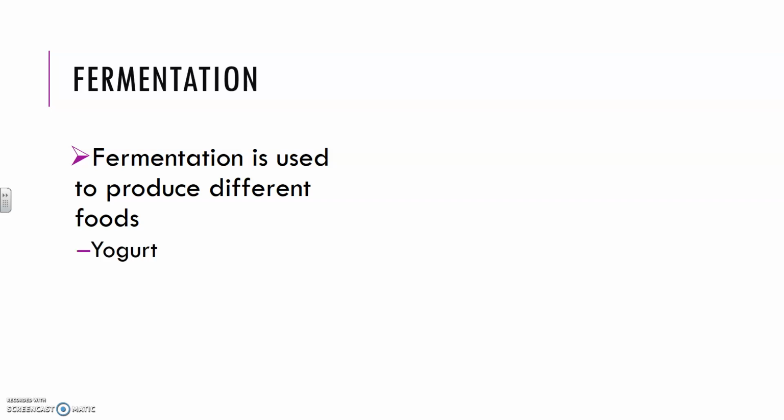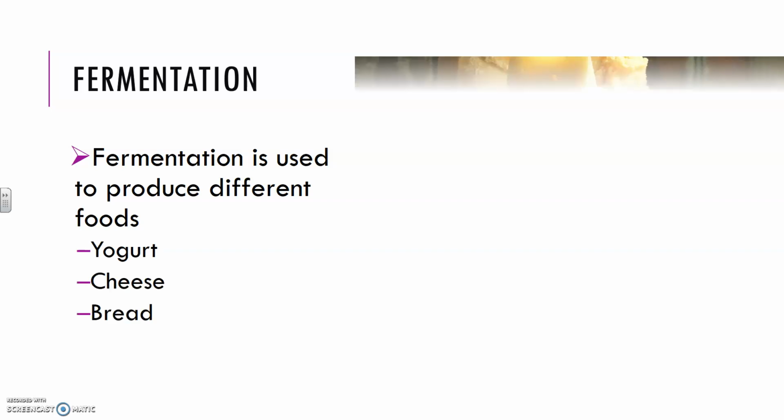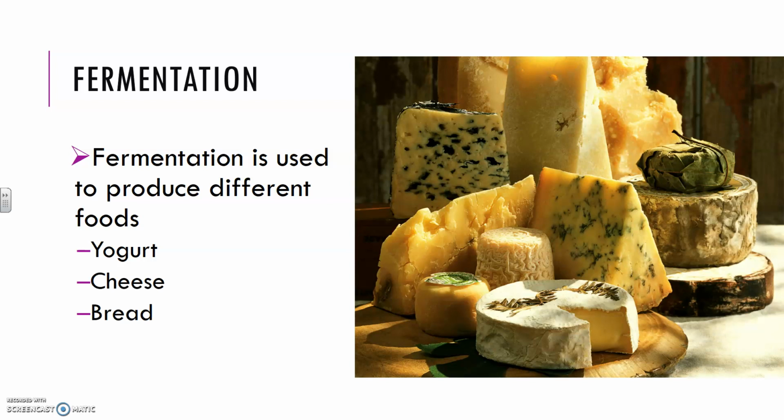But you can also use fermentation to produce yogurt, cheese, and bread. Especially with bread, the rising effect you get when making bread is due to the carbon dioxide release. And because of the baking process, it doesn't have any of the alcohol left, if it's even going to undergo that.